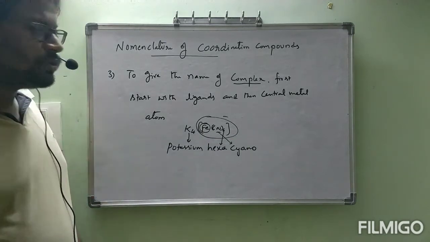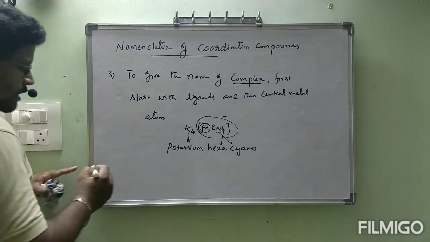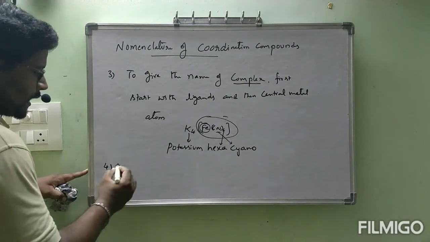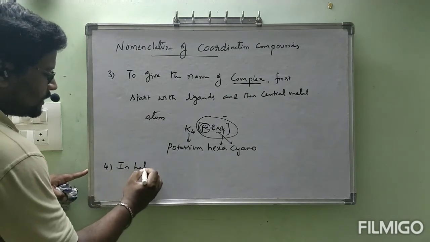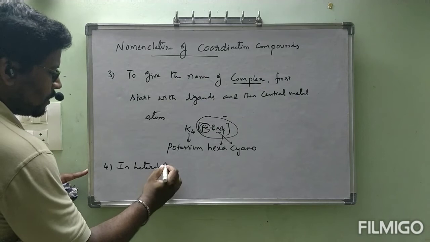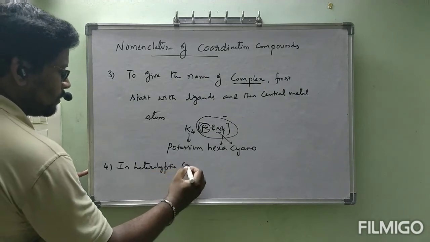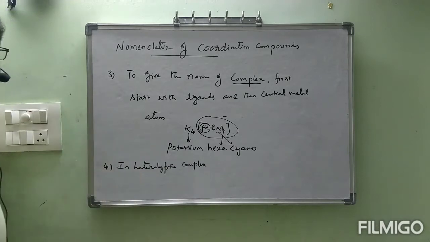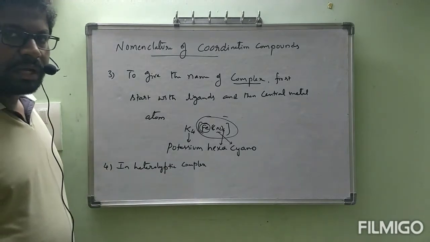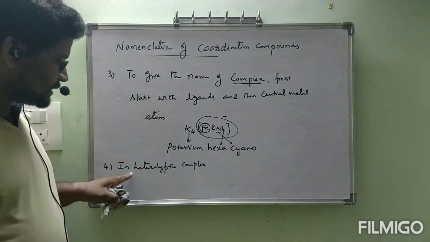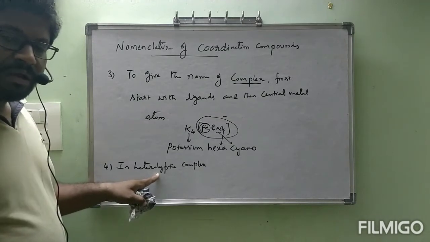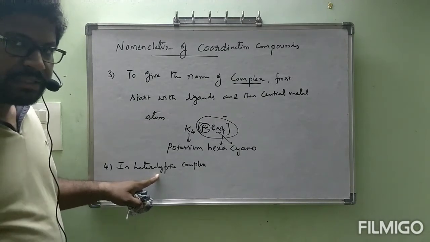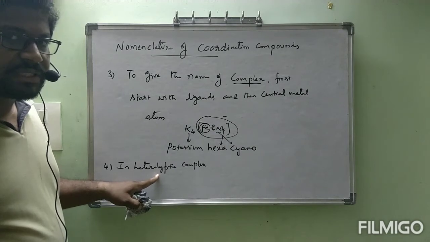Now, fourth rule. In heteroleptic complex, heteroleptic means different ligands are there. In heteroleptic complex, for giving the name, we have to start with ligands. Then which ligand must be given first?